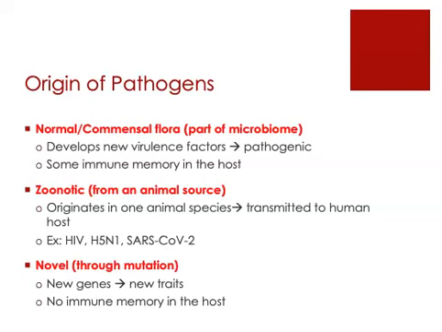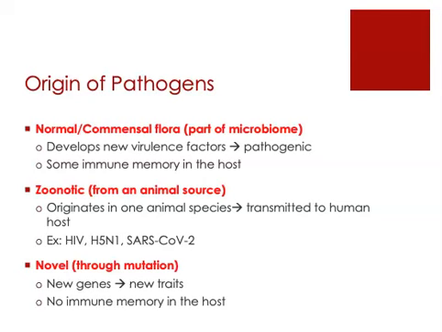This is an instance where a pathogen originates in one particular animal species, goes through some mutation events, and develops the new trait of being able to invade and cause disease in a human.